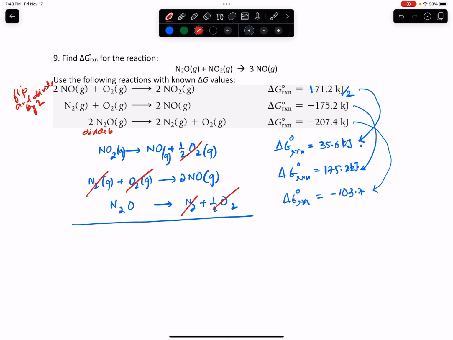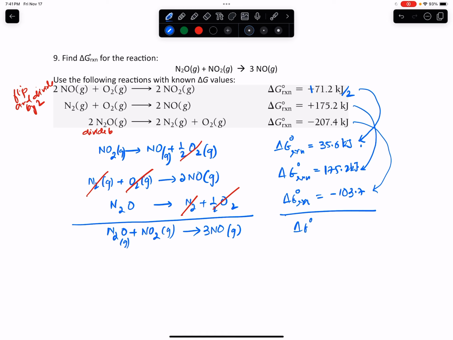I'm left with N2O plus NO2, both in the gaseous form, gives me 1 NO here and 2 NOs there, so that's 3 NO in the gaseous form.